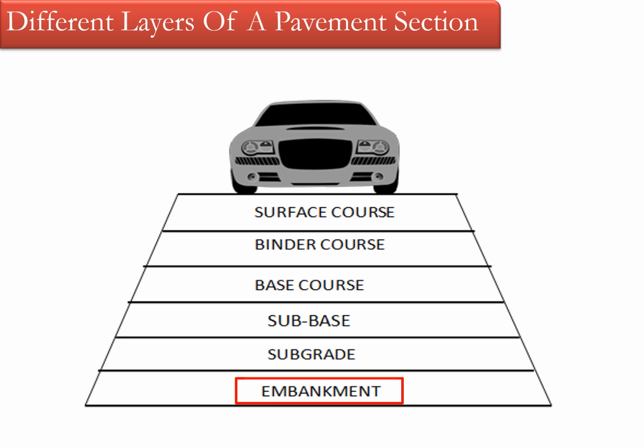Except for the embankment, all other layers are defined and have a certain thickness depending upon the loading conditions and the design, whereas the height of the embankment varies from location to location. The height of the embankment basically depends upon the original ground level conditions and the finished road level required at that particular location.